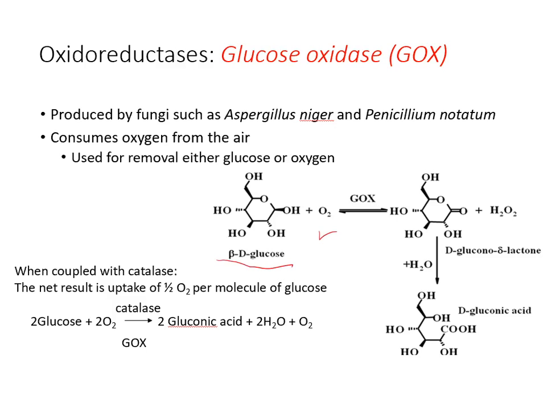With the glucose oxidase enzyme, glucose is oxidized to D-gluconic acid. We oxidize glucose and oxygen is used. We remove oxygen from the environment. So that's why it's used for removal of either glucose or oxygen.